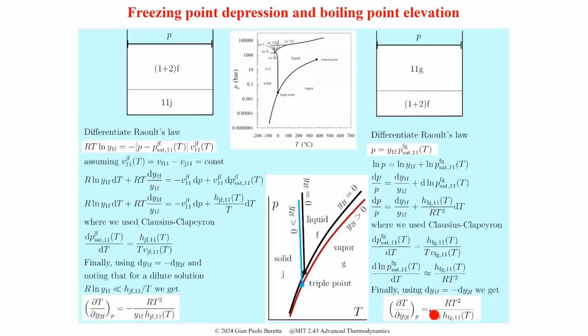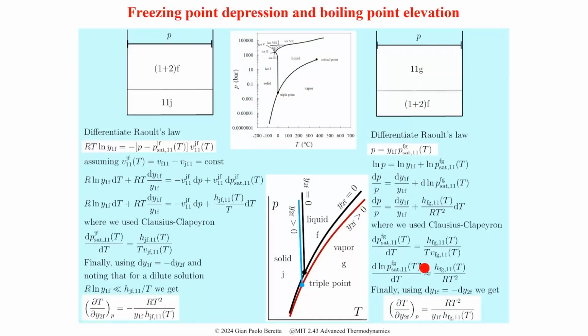This time you have a plus sign. The ingredients on the left-hand side look similar, except that of course you have to put here the enthalpy of vaporization, whereas here you have the enthalpy of melting. And the plus sign means the shift is to the right. So the boiling temperature is higher.